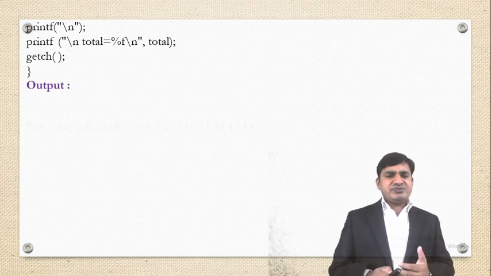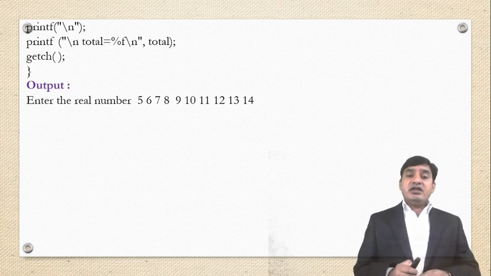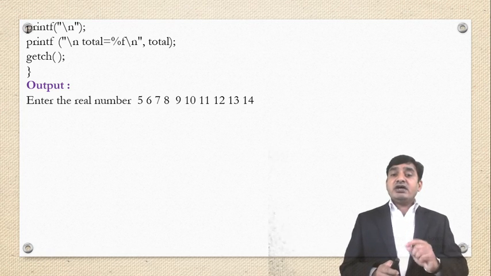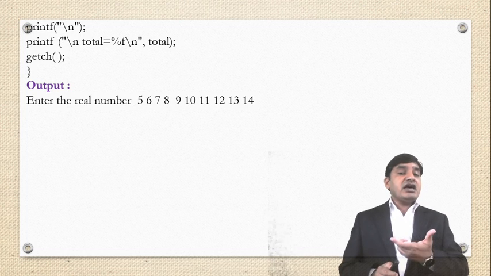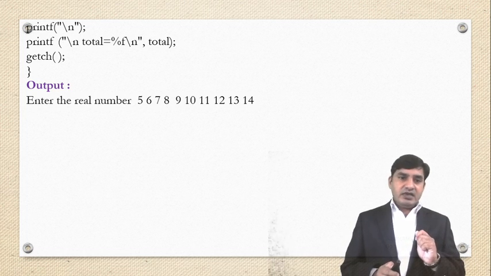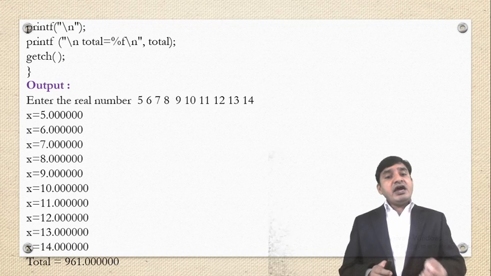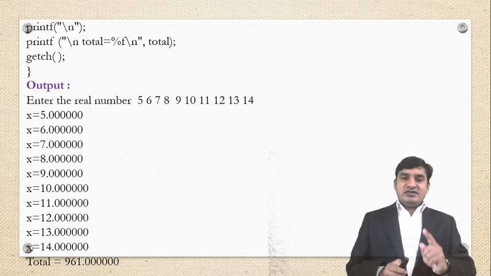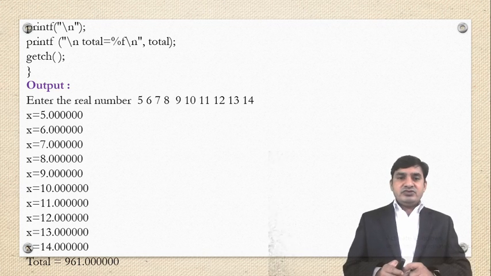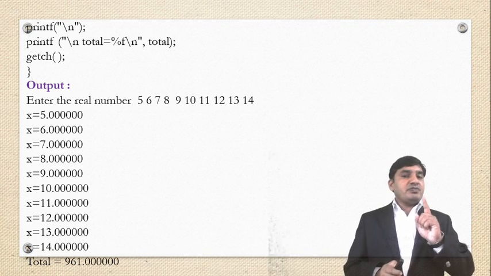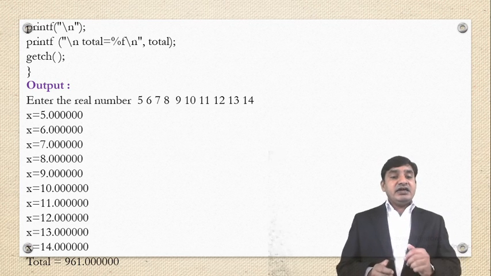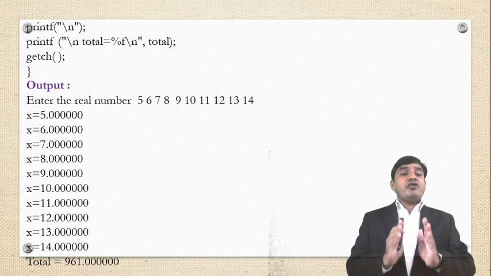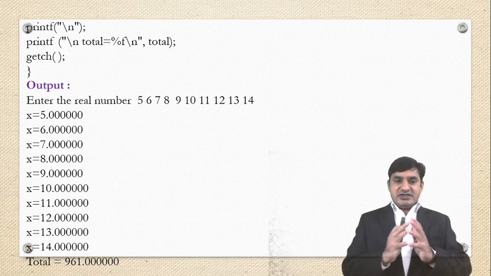Now the output of this program is: enter the real number 5, 6, 7, 8, 9, 10, 11, 12, 13, 14. These are 10 numbers. Now we have to take the square of 5, square of 6, square of 7, square of 8, and add the squares of all these numbers.